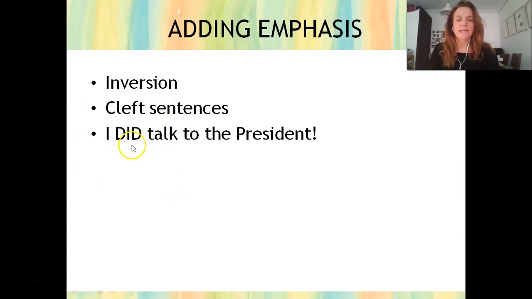One of them, as you know, is when we use the auxiliary verb to place emphasis, to add contrast. For instance, we are having a conversation and I say, I talked to the president, and you say, no, you didn't. And I say, yes, I did talk to the president. Okay, it's contrast and it's emphasis.